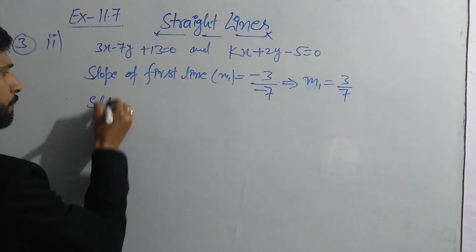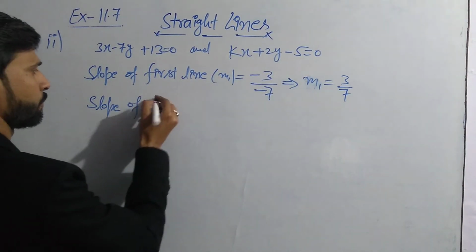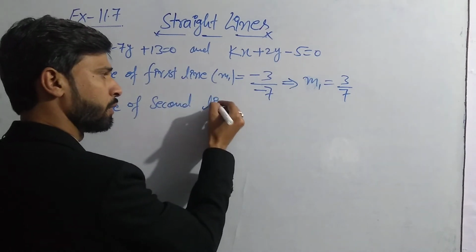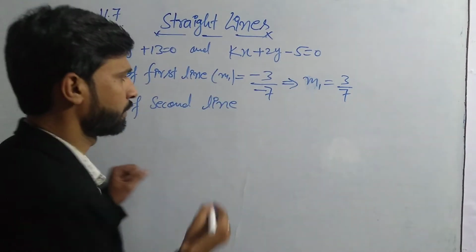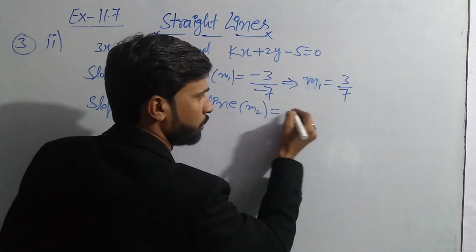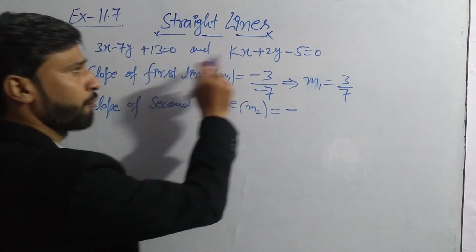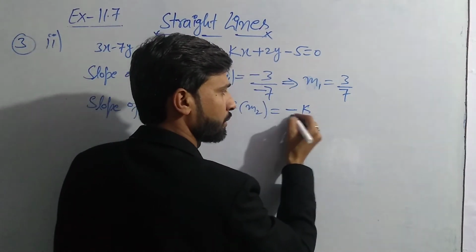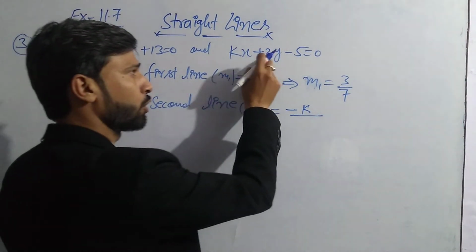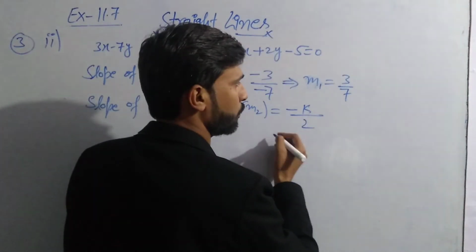Slope of second line denoted by m2 is equals to minus coefficient of x, here coefficient of x is k, and coefficient of y is 2.